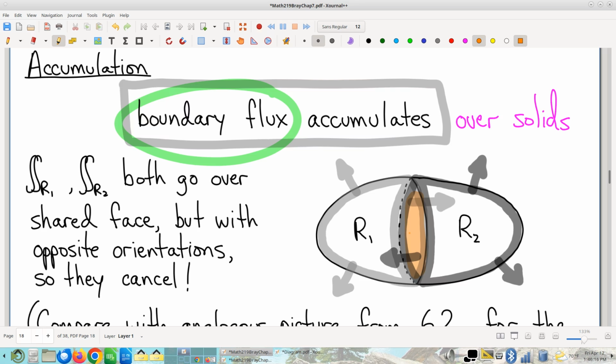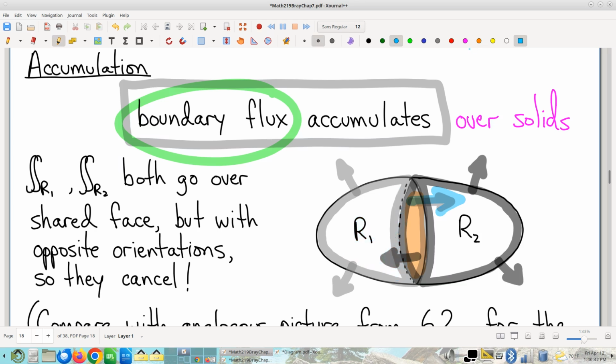This is part of the boundary of R1. That wasn't part of the original lump. And it's also part of the boundary of R2. That was not part of the boundary of the original lump. This new boundary, as part of the boundary of R1, away from the solid, is that way. So it's oriented in that direction.